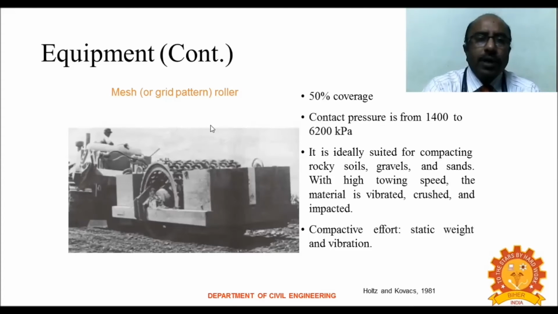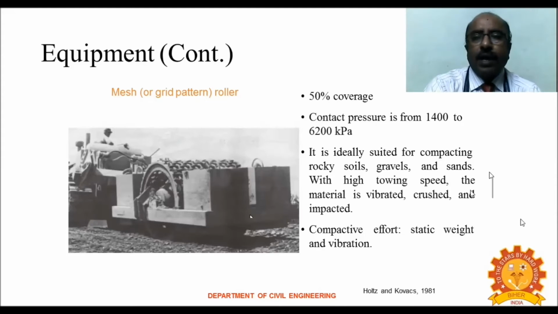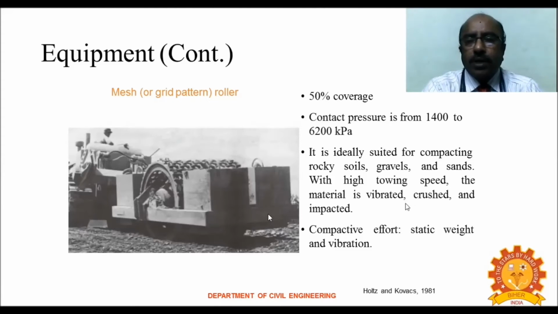Sometimes you can also go for a mesh roller or grid pattern roller, which is suitable for rocky soils or gravel. Here, the coverage is only 50% and the contact pressure is around 1400 to 6400 kilopascal. Because gravel is difficult to compact with a smooth roller, in such cases you can go for this type of grid pattern roller or mesh roller, whereby it is properly compacted.